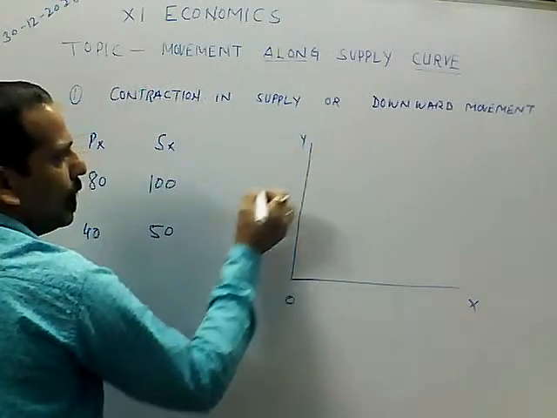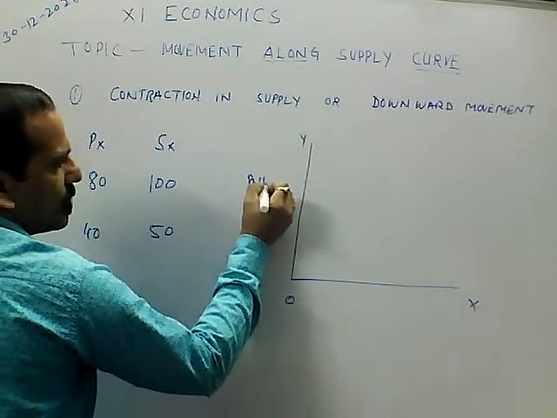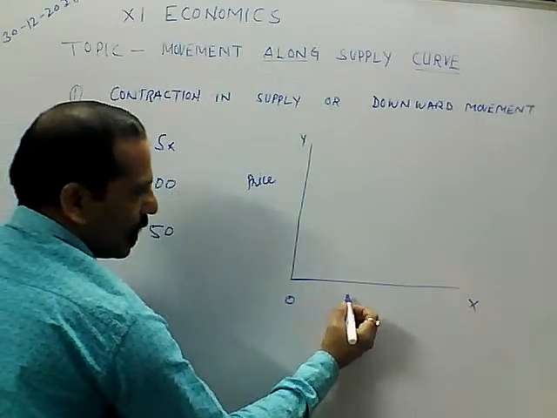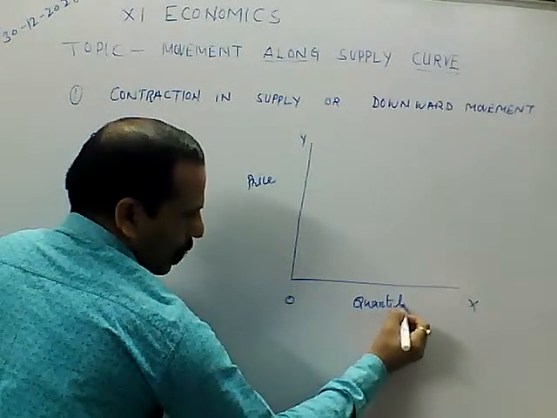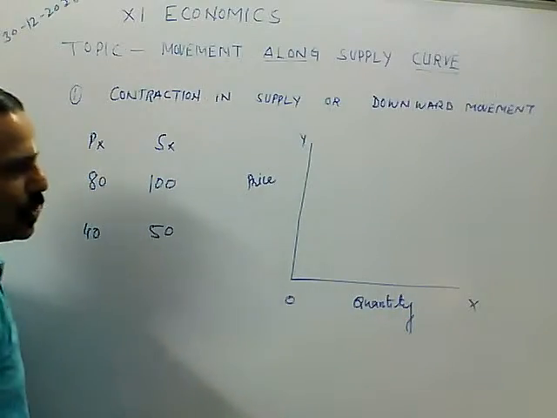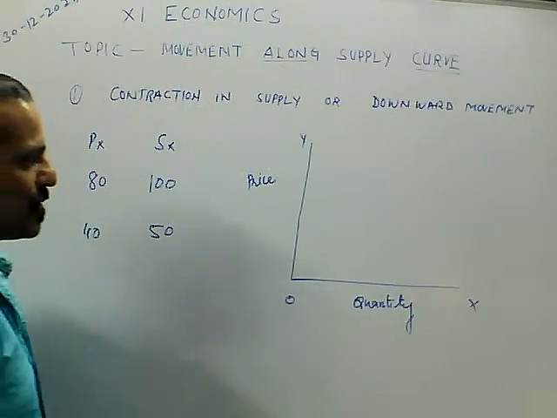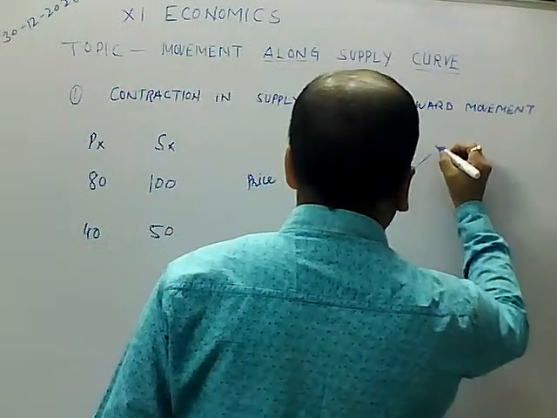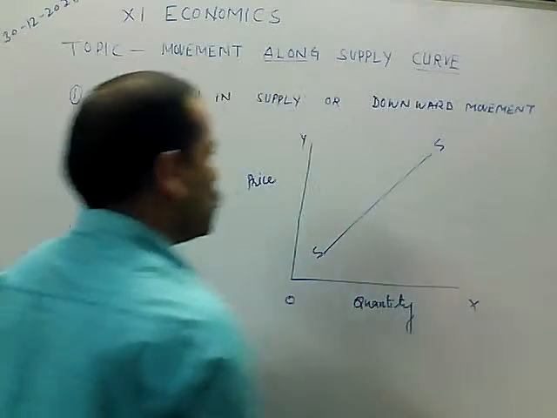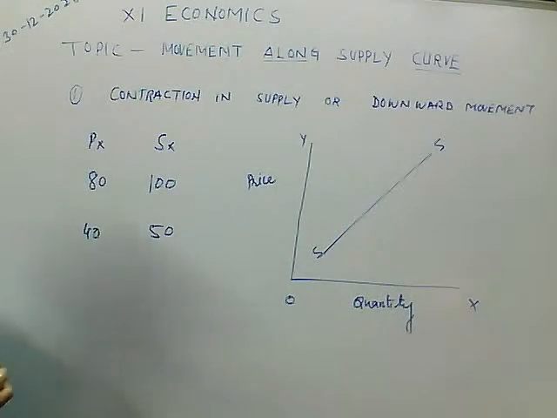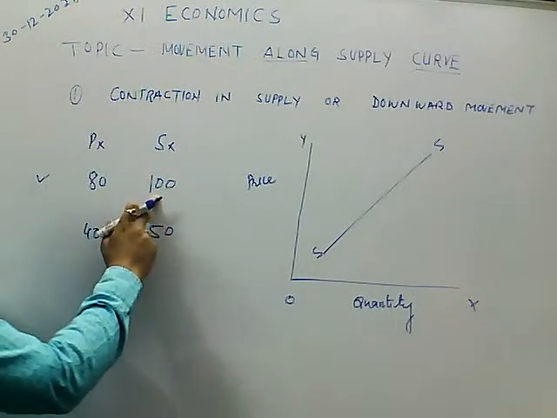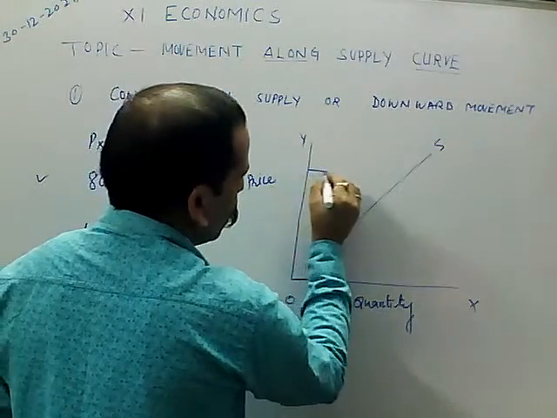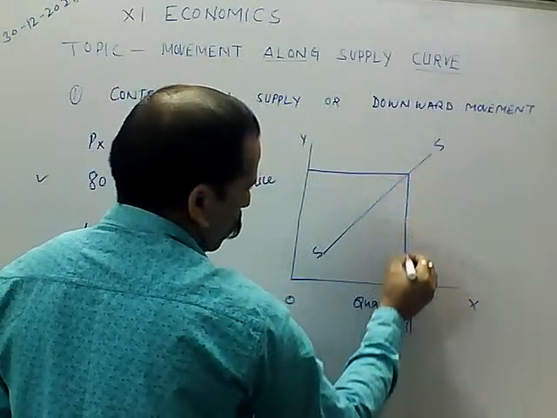OX, OY, price on the OY axis and the quantity on the OX axis. So as you know the shape of the supply curve, upward sloping SS. See, first initial price rupee 80 and supply 100 units.